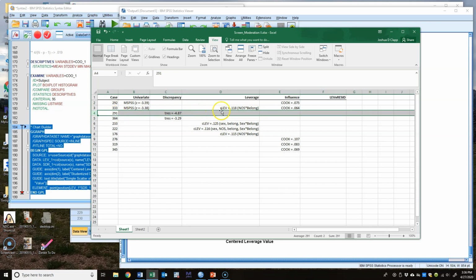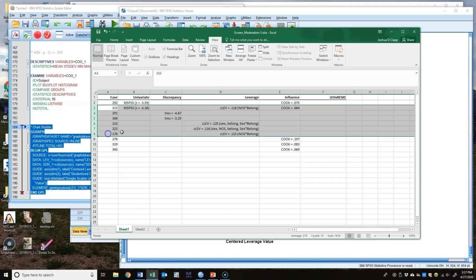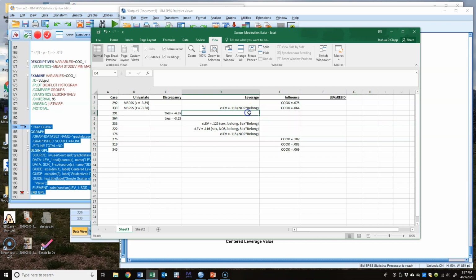In terms of leverages, again our measure of multivariate outliers, we got 333, 233, 222, and 176 all registered as high leverage values. This one because of the interaction of NOS and belonging. This because of sex, belonging, and the interaction. Sex, NOS, belonging, the interaction, and then the interaction here.